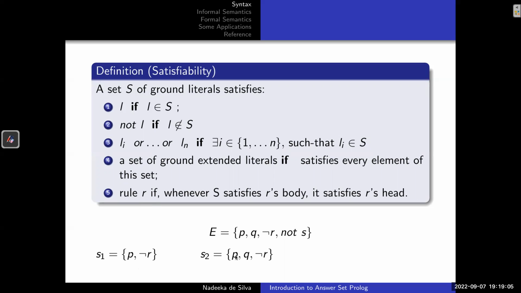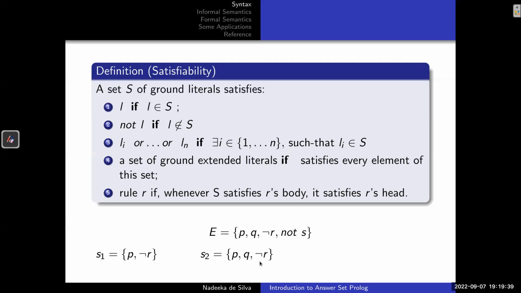If I look at this S2, it satisfies the literal P from 1 because P is in S2. It satisfies the literal Q from 1 because Q is in S2. And it also satisfies the literal with classical negation of R, because that is also in set S2. It also satisfies not S from 2 because S is not in S2.